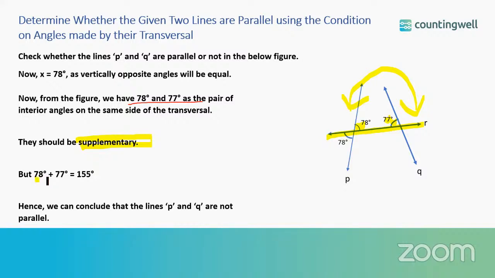But if you check, 78 degrees plus 77 degrees is 155 degrees, which is not equal to 180 degrees. Hence, P and Q are not parallel. This is what we can conclude.